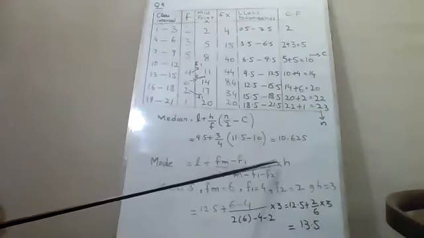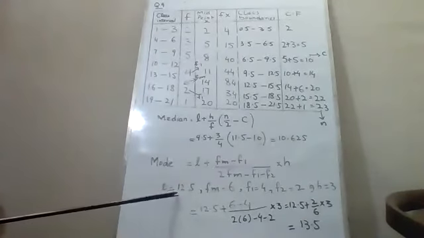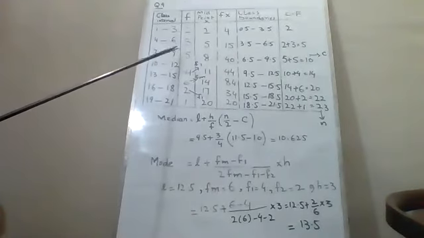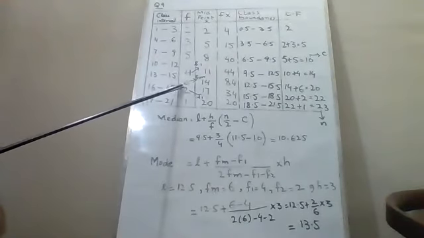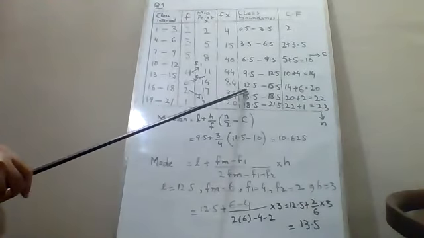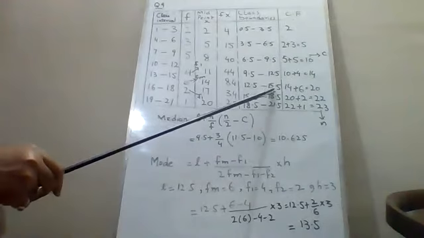Multiply h. Now what is the modal class here? fm is the maximum frequency. Now check the frequency table, which frequency is maximum? 6. 6 is the maximum frequency, which is present in the modal class of 12.5 to 15.5.